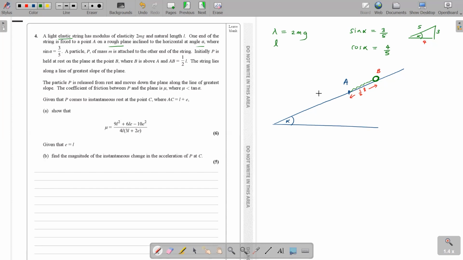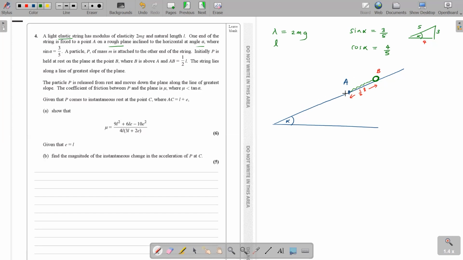And since it's elastic, when you're moving down, it's accelerating down. It doesn't stop until it comes to the natural length; it will keep on accelerating. Then once it reaches the natural length, the string starts to stretch, and then you will slow down until you come to the limit of the string, right? So that is e. Is that okay?